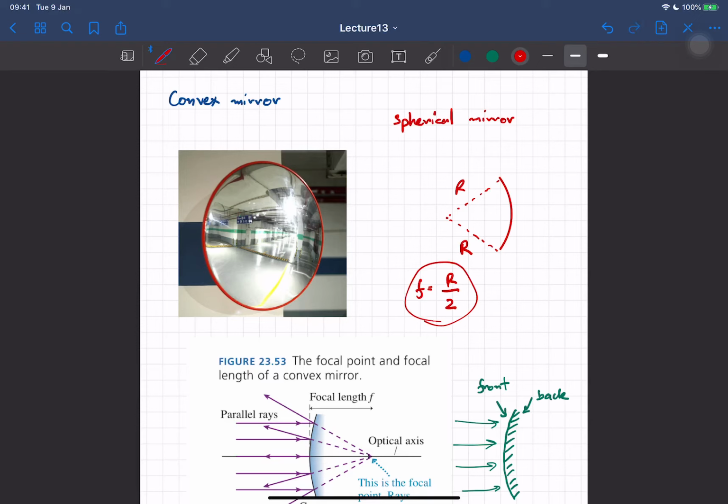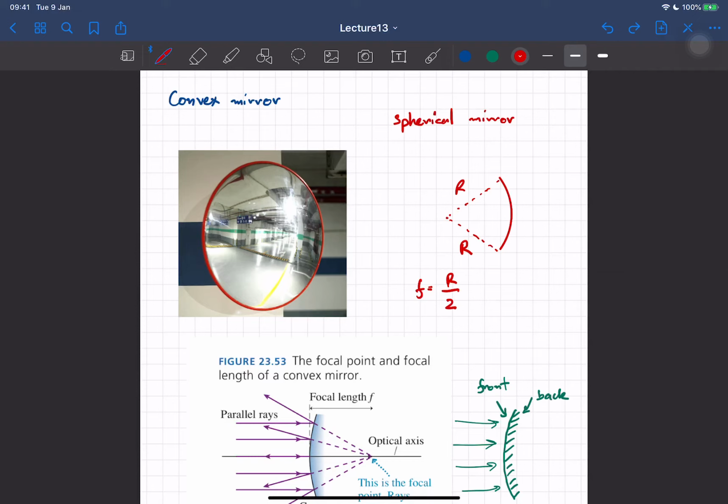This is something that you can remember. Sometimes when you solve a problem, you need to know the focal length, and sometimes the focal length is not given to you directly when you talk about mirrors. Instead, the radius of curvature is given to you.